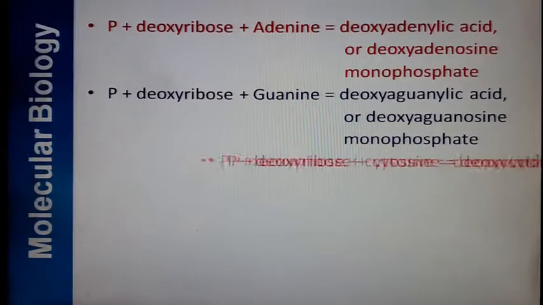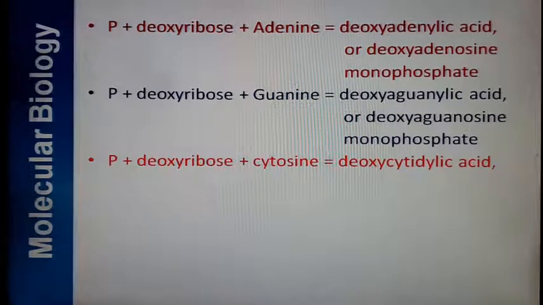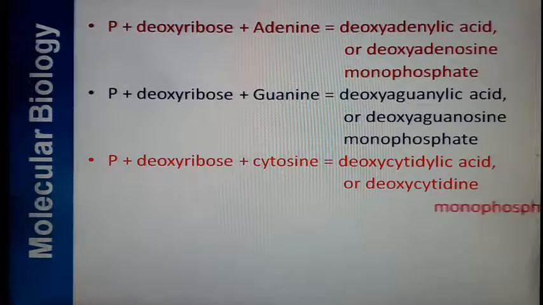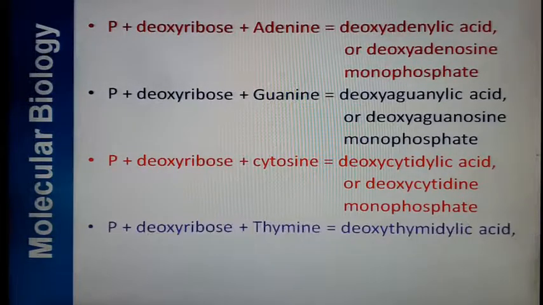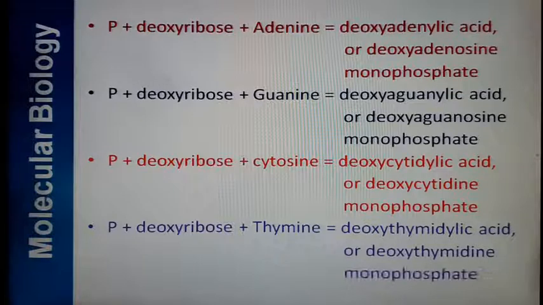The cytosine forms deoxycytidylic acid or deoxycytidine monophosphate, not cytosine monophosphate, it is cytidine monophosphate. And similarly, thymine forms thymidine monophosphate, deoxythymidylic acid or deoxythymidine monophosphate.